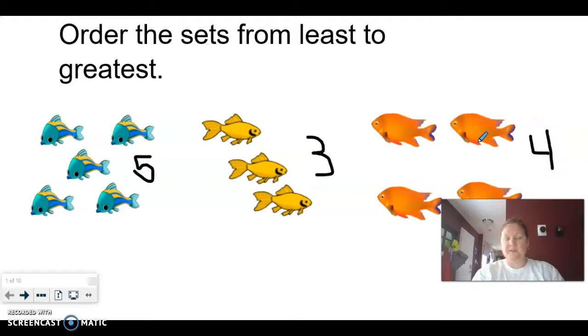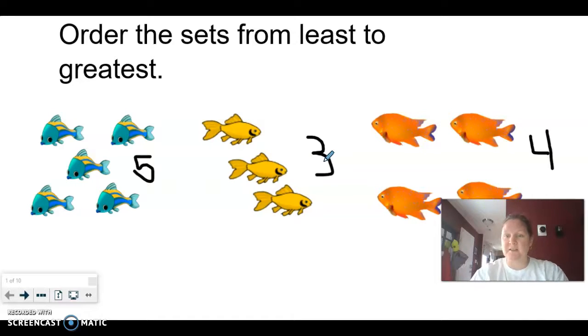All right. So now I can look at this and I can think in my head, this says order the sets from least to greatest. So which fish comes first? Which is the smallest amount of fish? 5, the blue, 3, the yellow, or 4, the orange?